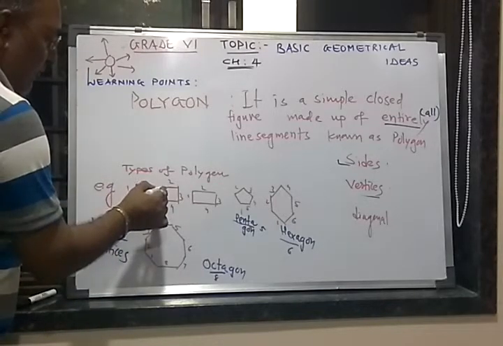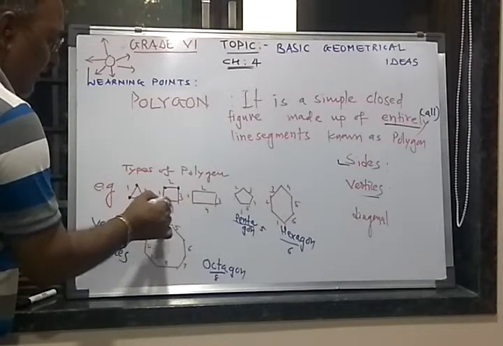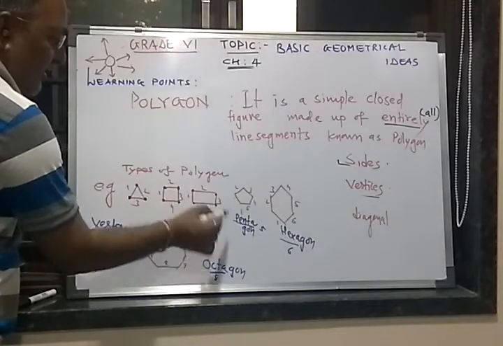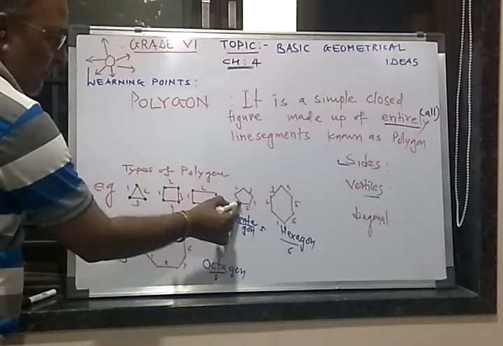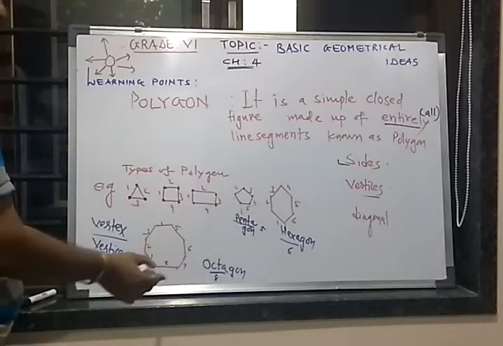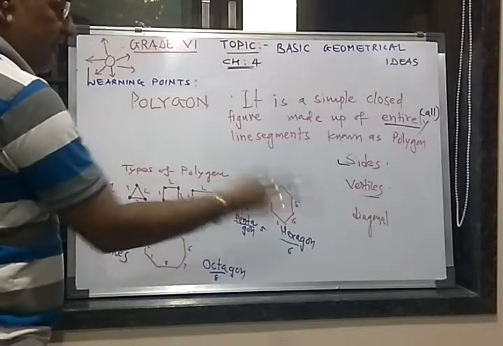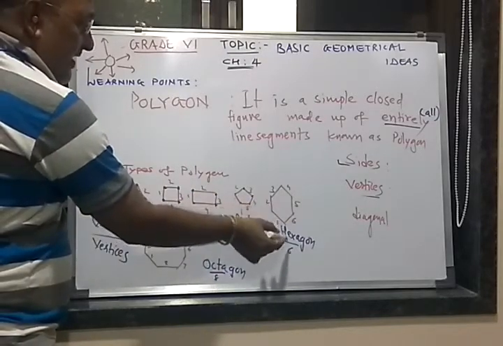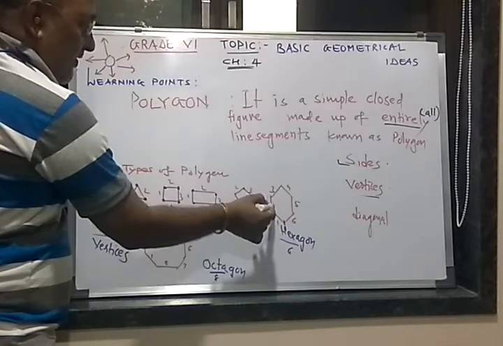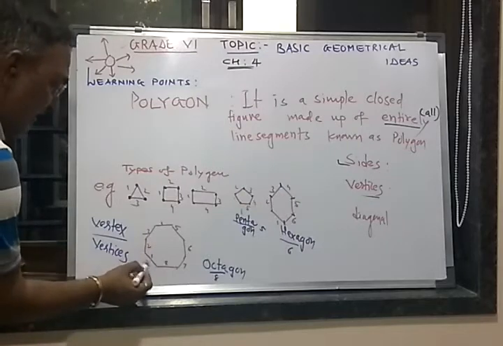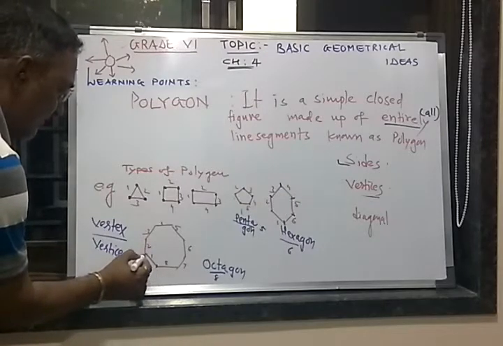Here you can find 4 vertices, here also 4 vertices. Here 1, 2, 3, 4, 5: 5 vertices. Pentagon, 5 sides, 5 vertices. Hexagon, 6 sides, 6 vertices. Octagon, 8 sides, 8 vertices.